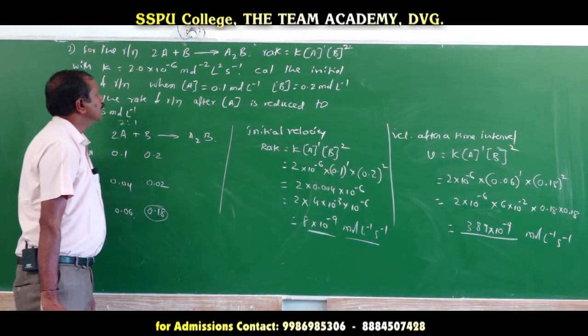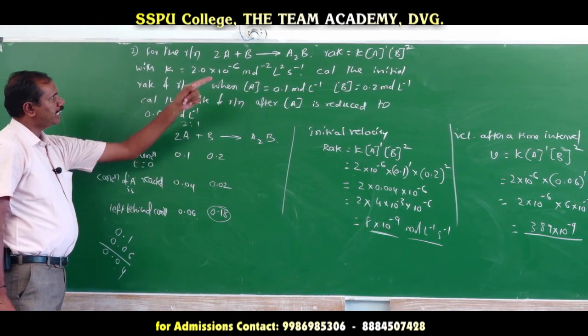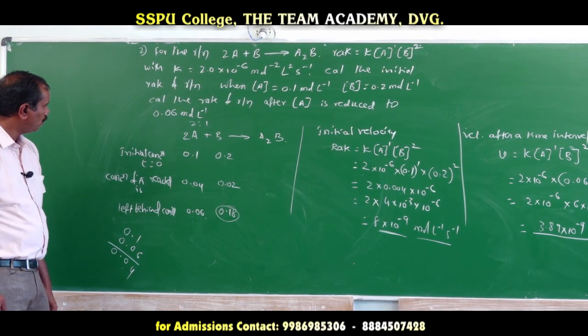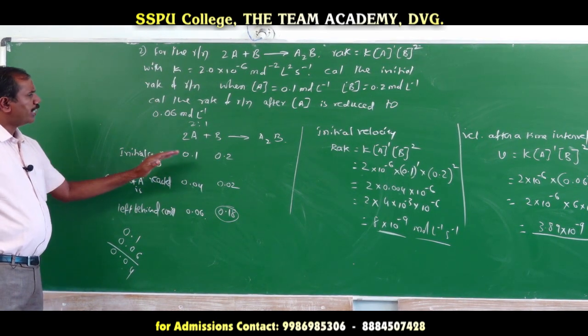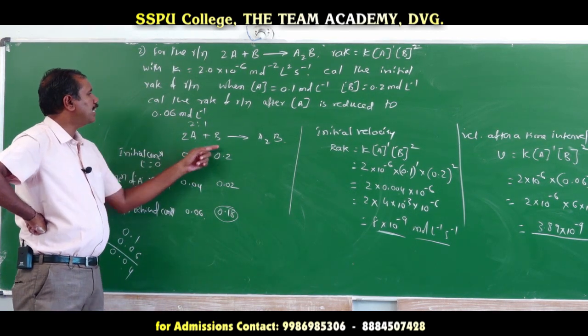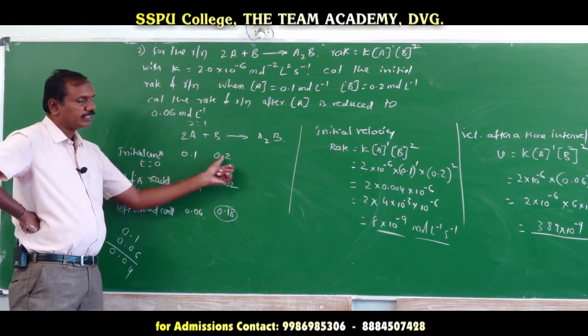See, the reaction is given, the rate expression is given: K into A to the power of 1, B to the power of 2. So how do we find the initial velocity when the concentrations of A and B are given? The initial velocity depends upon the initial concentration.